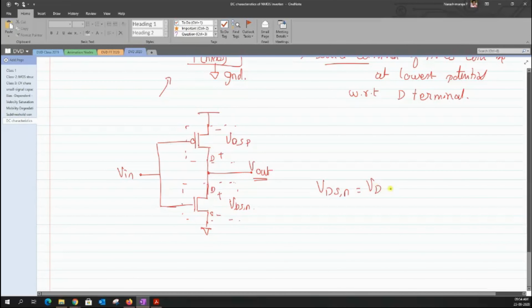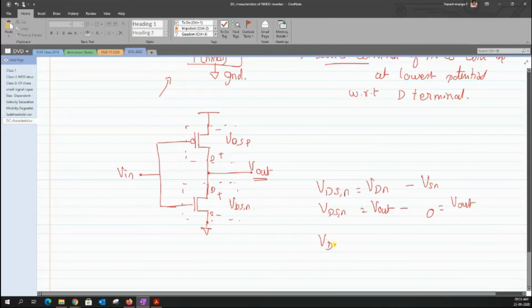This can be written as the drain voltage minus the source voltage. We know that the source voltage was connected to the ground, so we can write it as 0, whereas the drain node is connected to Vout. So we end up having that VDS-N is equal to Vout.